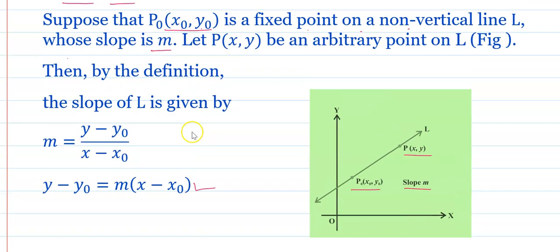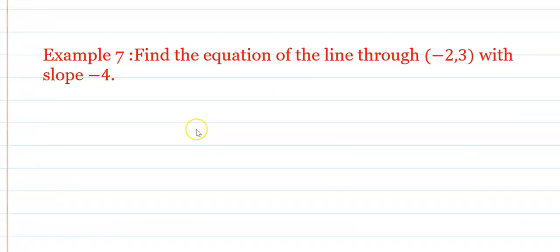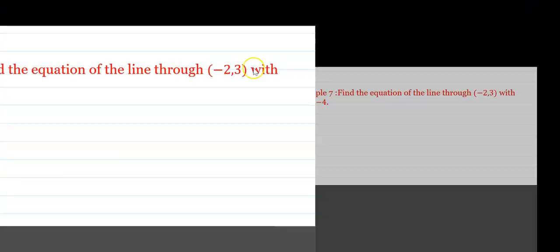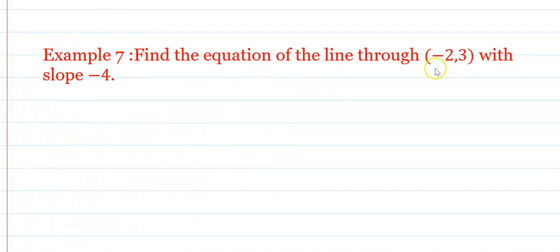Okay, now the next is a problem. Find the equation of the line that passes through the point (-2, 3) with the slope -4. It's a very easy question. See this here. It's a solution.